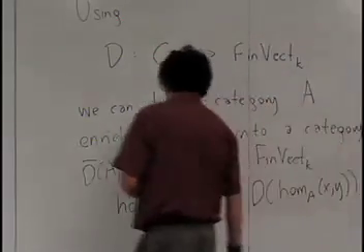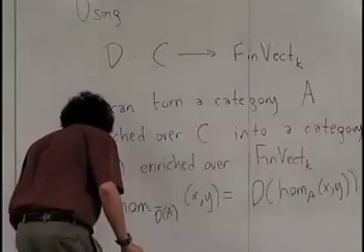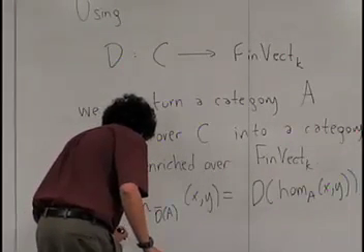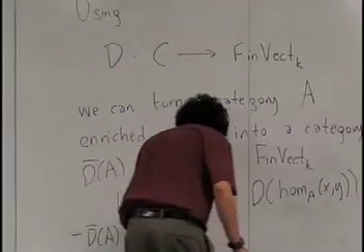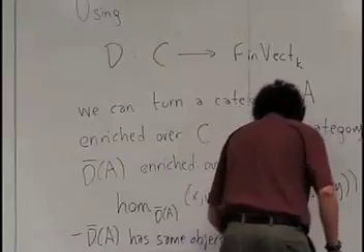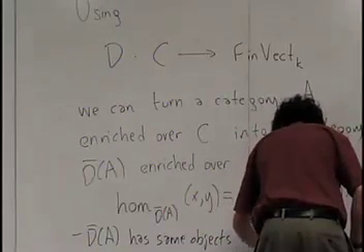So the idea is that D bar of A has the same objects. I should have said that first. D bar of A has the same objects as A. Only the Hom thingies are different.